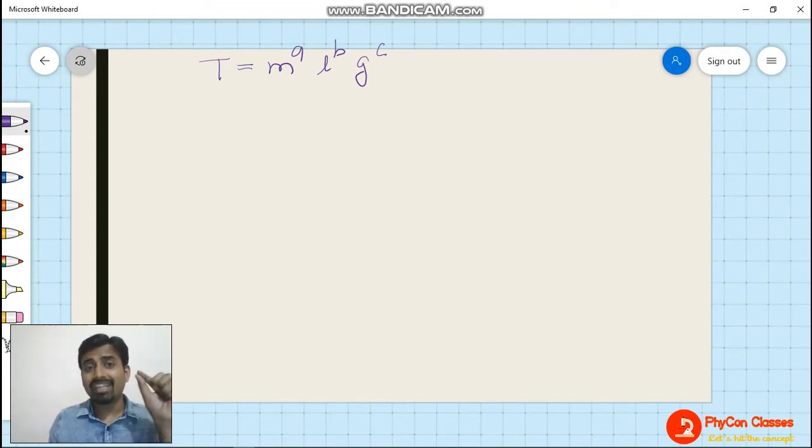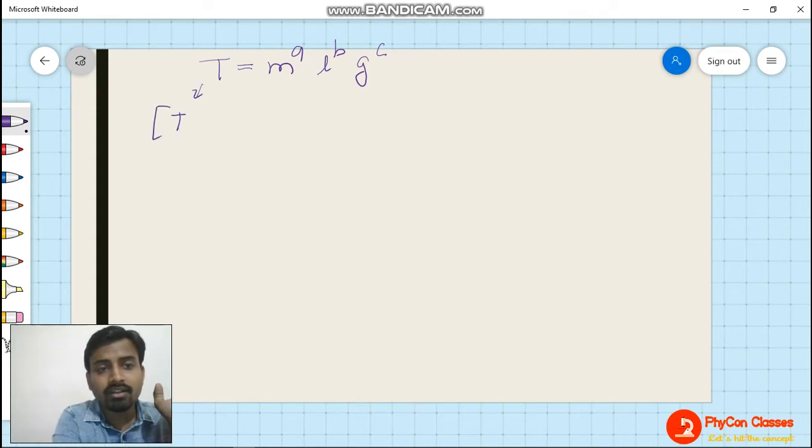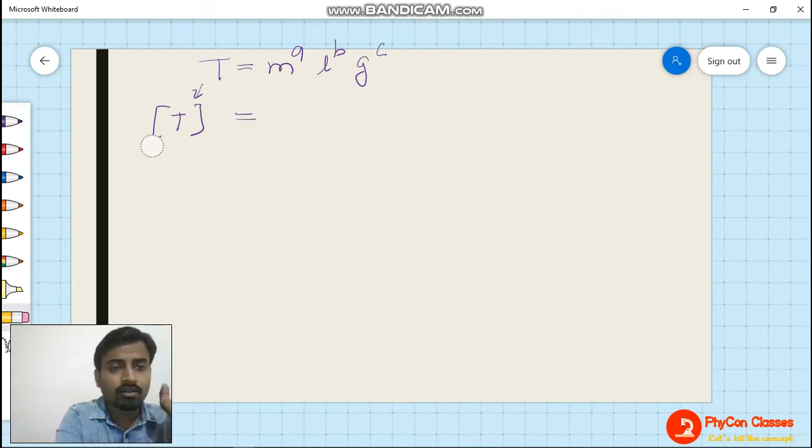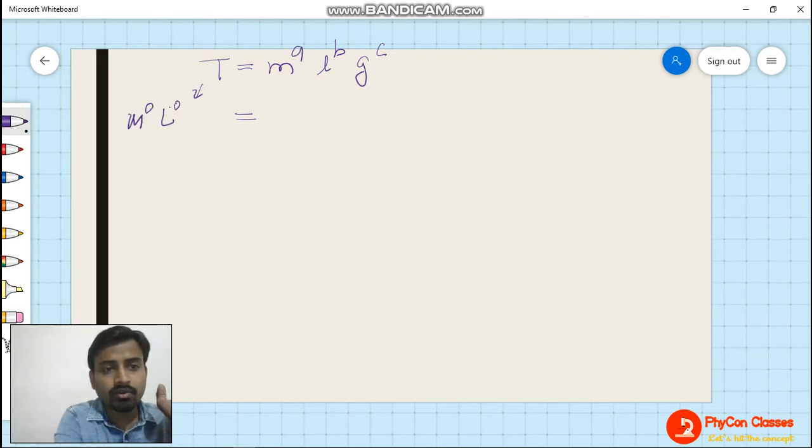That means for each of the physical quantities given, we are going to put its dimension. Understand? Now start. For time, what is the dimension? Capital T. That means on the left hand side the dimension is capital T. Or the better way of writing is M to the power 0, L to the power 0, and T. That is the dimension on the left hand side.